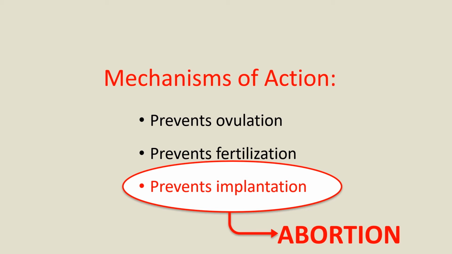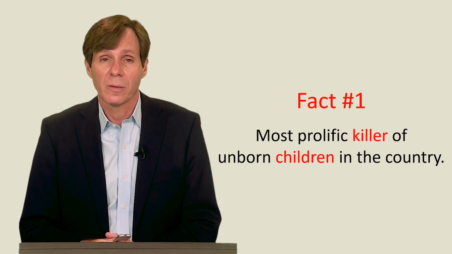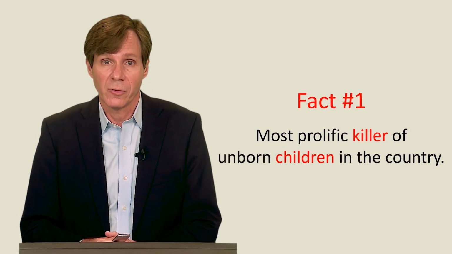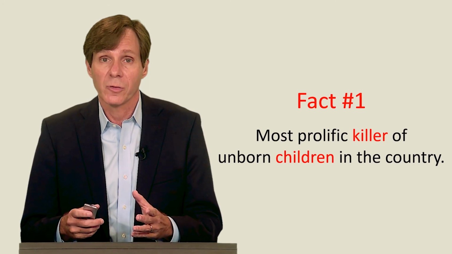It causes abortions. Next, we have to spend a little time speaking about Planned Parenthood. Not just because they're the abortion industry leader, but because they're also the most vocal advocates for abortion in the world. So here are 5 facts you should know about Planned Parenthood. Fact number 1, Planned Parenthood is the most prolific killer of unborn children in this country. 1/3 of a million abortions each year.